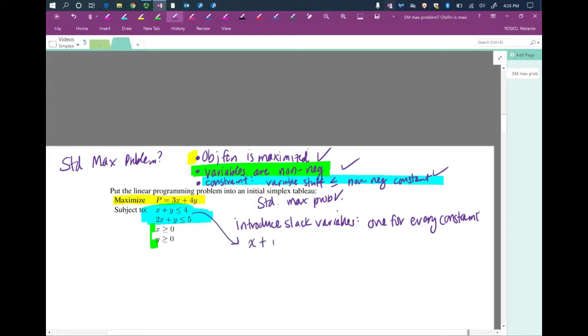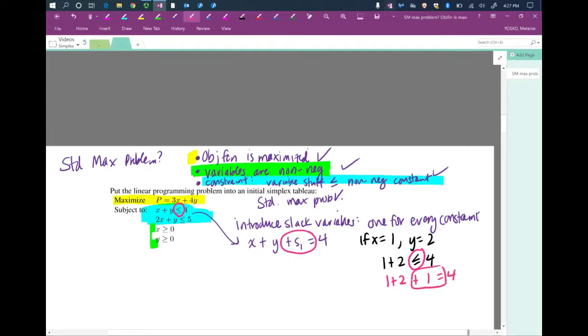So we have x plus y plus s1 equals 4. We are replacing this less than or equal to sign with plus s1 equals. Think about it like this. If x is 1 and y is 2, 1 plus 2, x plus y is less than or equal to 4. That's a true statement. But if we want to make this inequality an equal sign, you'd have 1 plus 2, that's 3, plus 1 would equal 4.